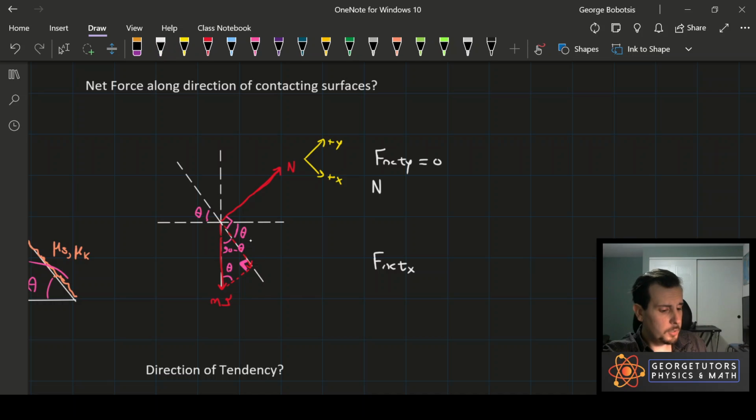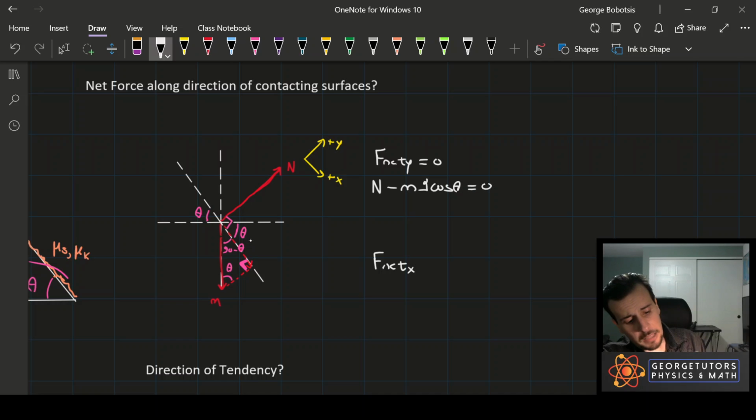And then we've got a component of gravity that is acting again against that plus y direction. So we're going to have to make that negative. And this component, since the angle is adjacent right now to this side, will be nothing more than mg cosine of theta. And that allows us to very quickly obtain what the normal is going to be.